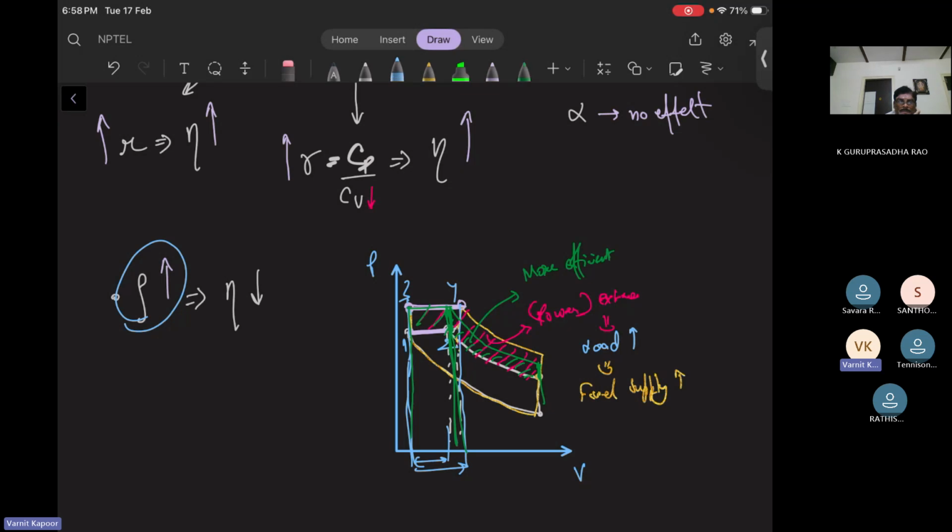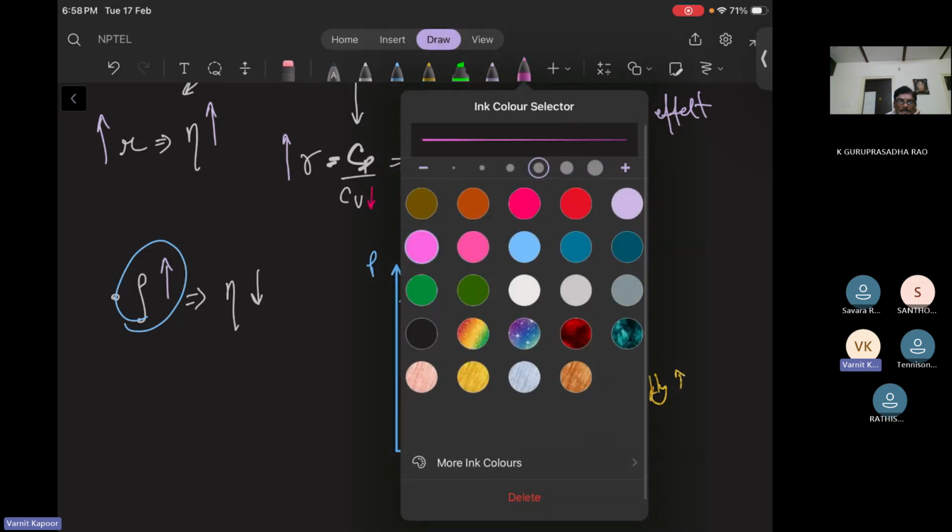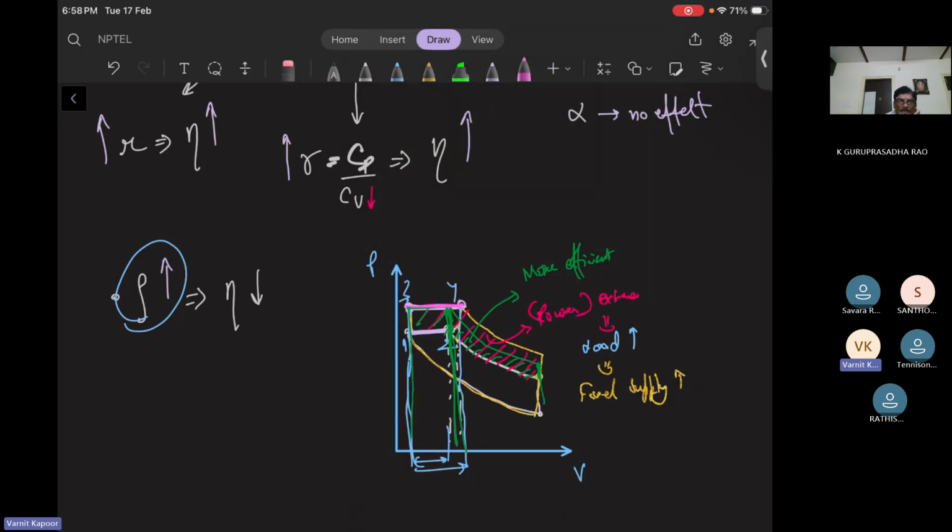But what I am saying currently is that I am trying to increase my fuel supply from 3 to 4, and now I am getting the power output from the system. From 1 to 2, I'm getting the net power output to be more, because I'm providing more fuel supply. Why? Because I want more load. So in that scenario, my engine is not efficient.